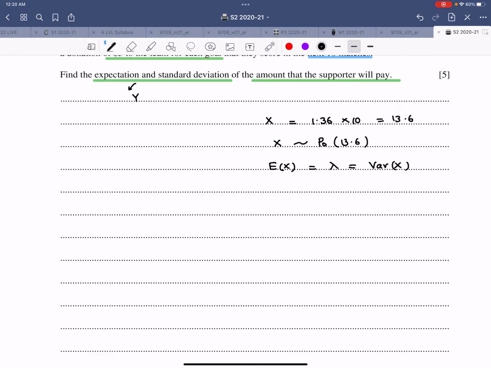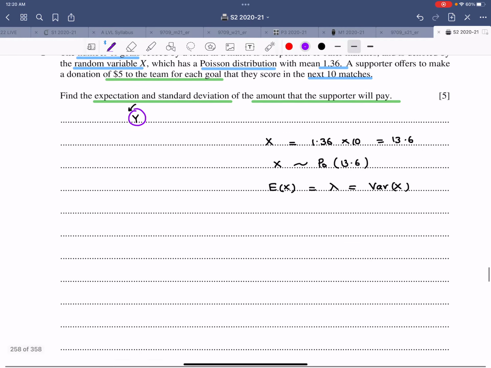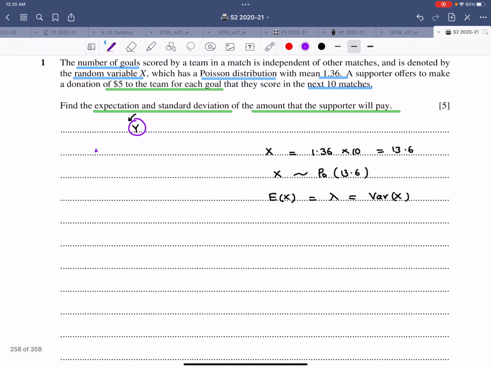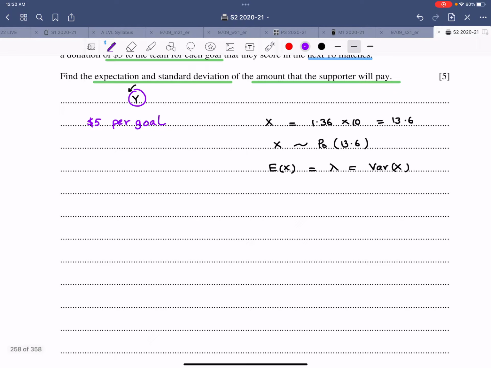Even before that, what is the relationship between variable Y and variable X? You get $5 per goal. The more the goals, the more dollars would come in. In other words, Y is equal to 5X. This is the equation that we were striving for.